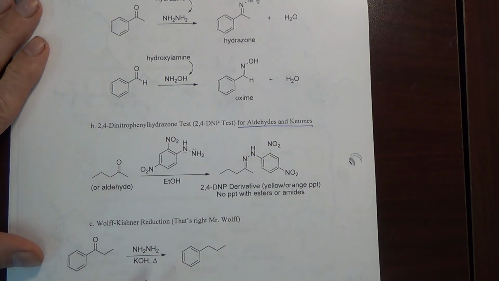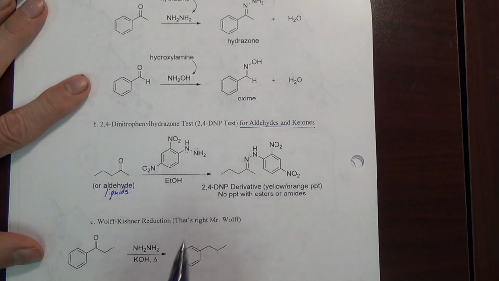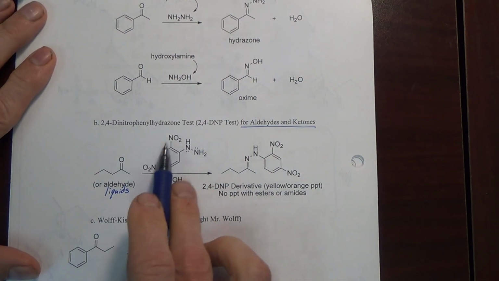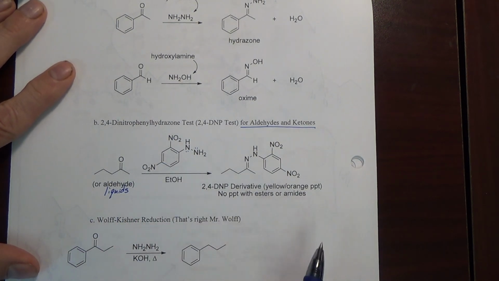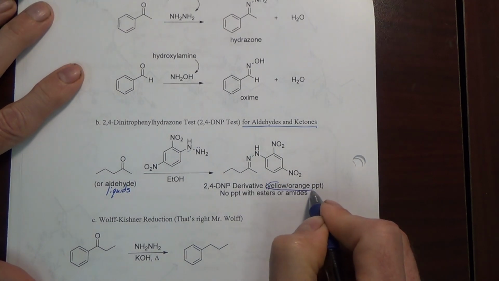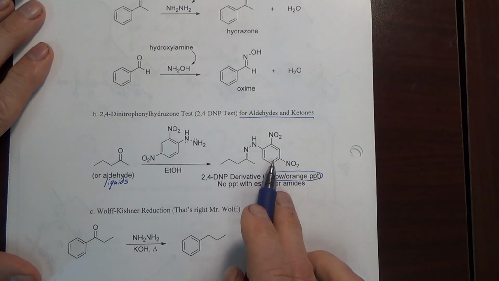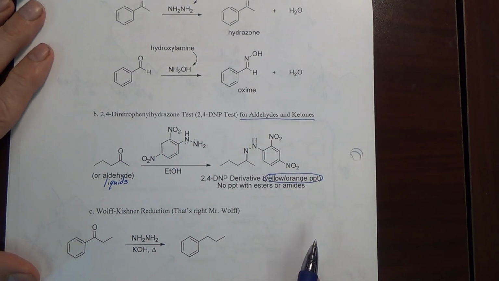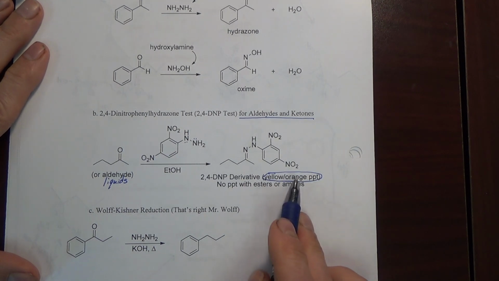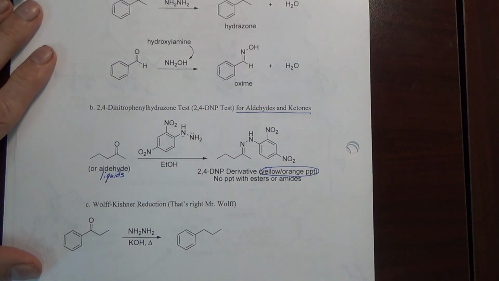And particularly when they are, well, not always, but usually liquids, you add this hydrazine in a solution in ethanol, and this reaction takes place pretty quickly, and you get a yellow-orange precipitate of the 2,4-DNP hydrazone. And the precipitate indicates that you had an aldehyde or ketone. All right.